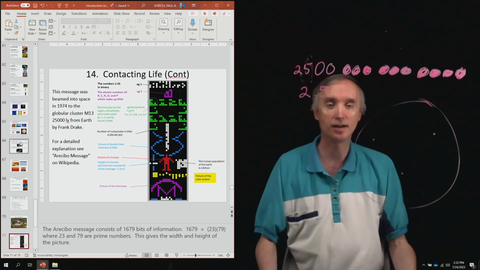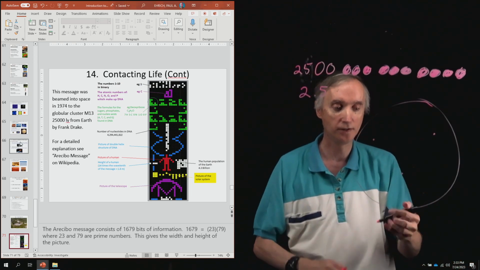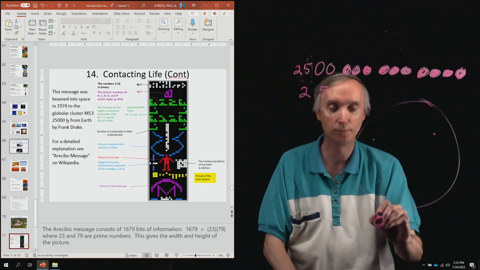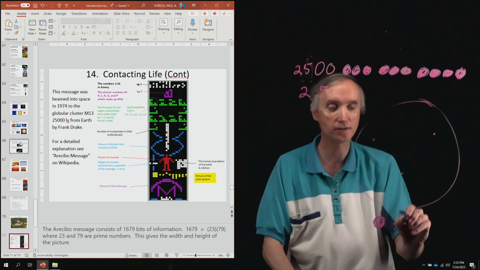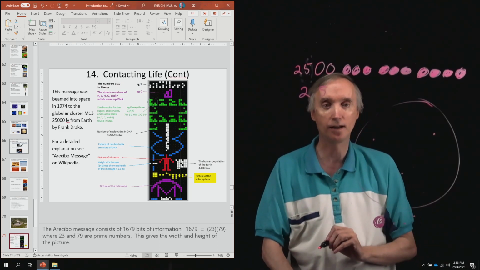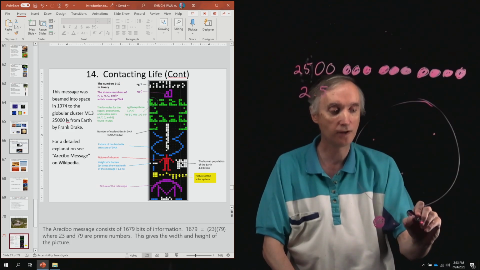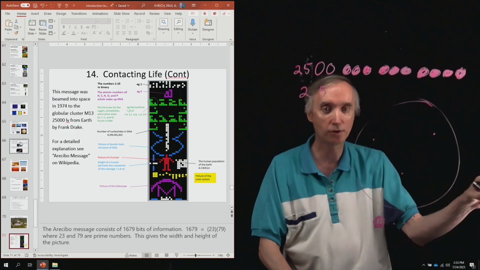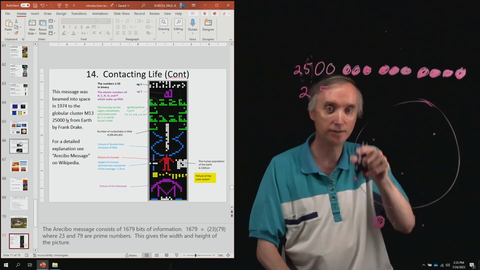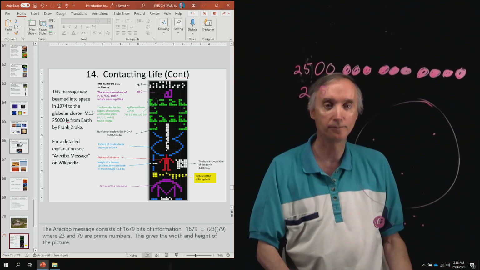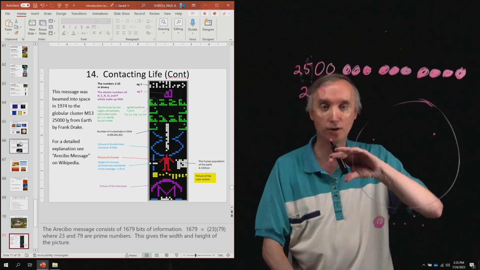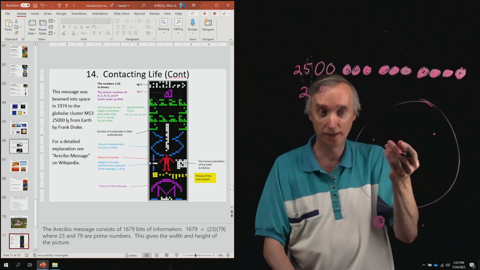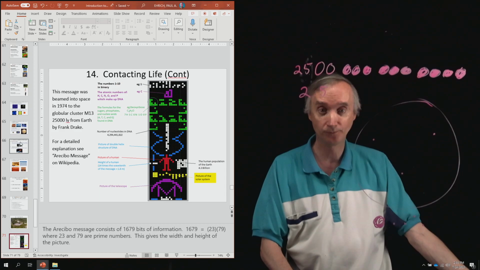So do you notice that it has a picture of the sun, which is the biggest one, and then it has Mercury, and then Venus, and then you notice that Earth is highlighted, and then you got Mars, and then Jupiter, Saturn, Uranus, and Neptune, and then even Pluto is on there. And then underneath that is a picture of the radio telescope that was broadcasting the information.